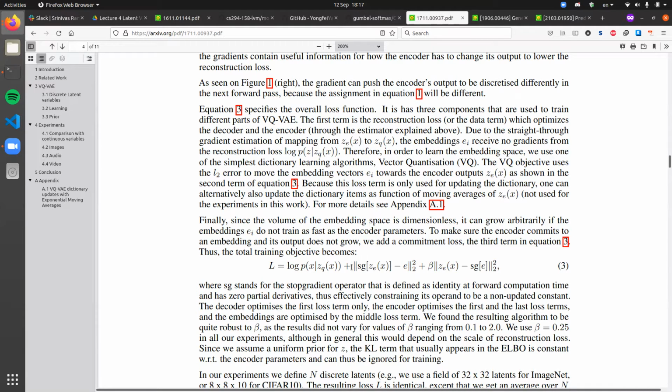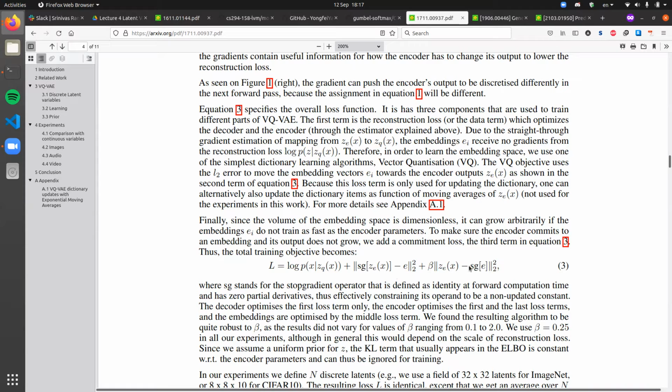We have a loss component, which is the square of the L2 norm of the difference between the output of the encoder and the code representation, plus some constant coefficient beta, and the same, but this time we stop the gradient with respect to the encodings.